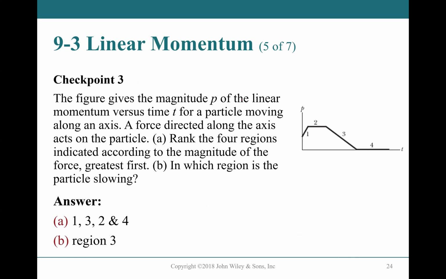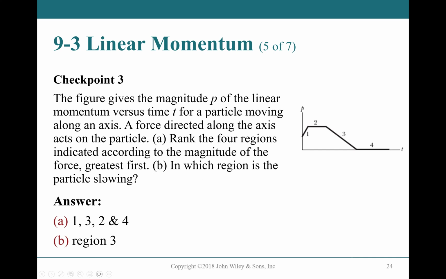So we take a look at the checkpoint. This figure gives the magnitude of the linear momentum P versus time for a particle moving along an axis. A force directed along the axis acts on the particle, okay? So we have P and we have t. Rank the four regions indicated according to the magnitude of the force, greatest first.